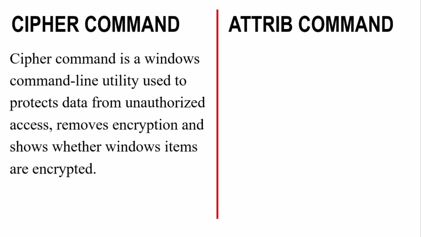So what they are trying to say here is that the Cipher command can help you to encrypt your items and also decrypt your items. It can also prevent people from getting unauthorized access to those items that you have encrypted. When we dive into the practical session, I'll show you how this command works by protecting our data from unauthorized access.